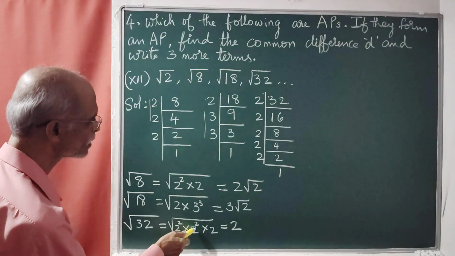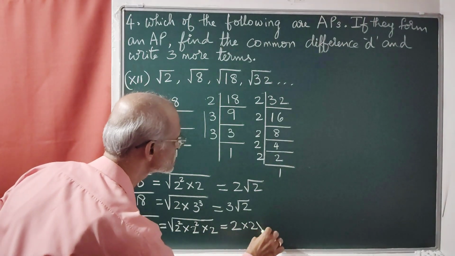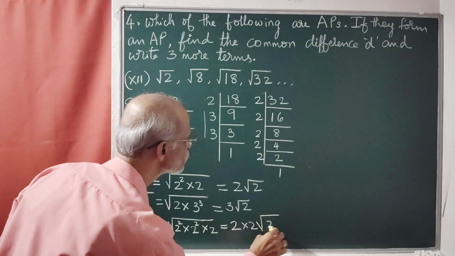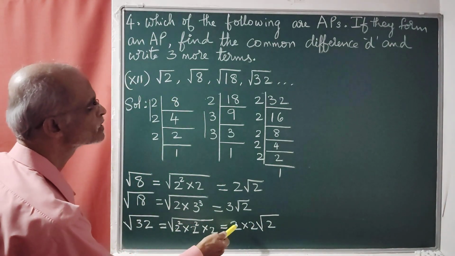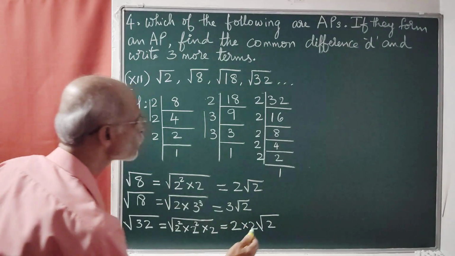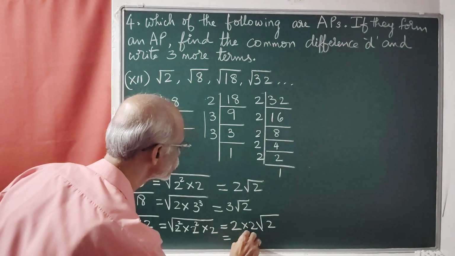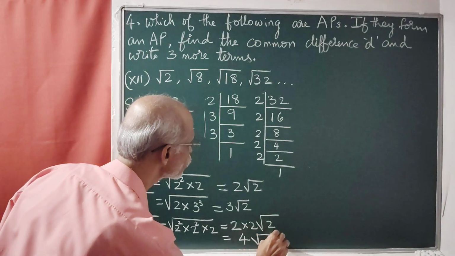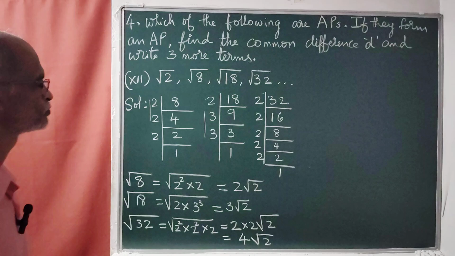Again, this 2 square also will become 2. The root 2 will remain inside. So I have brought 2 square and 2 square outside. They became 2 and 2. So what we get? We get 4 root 2. So 4 root 2 is the simplest form of root 32.